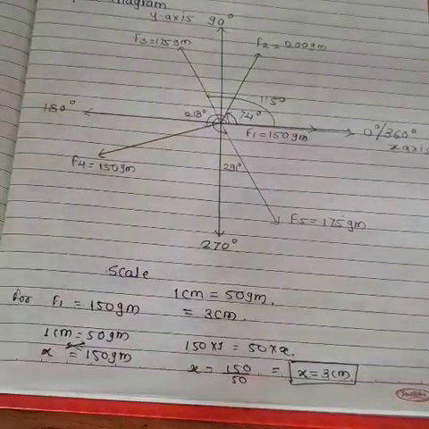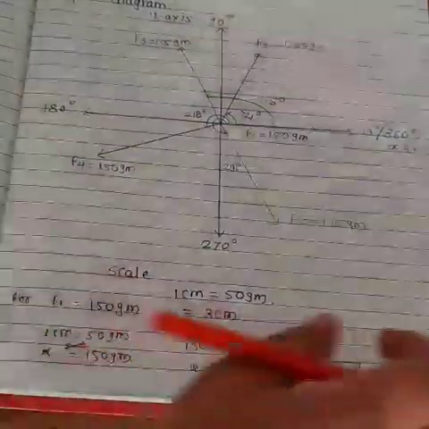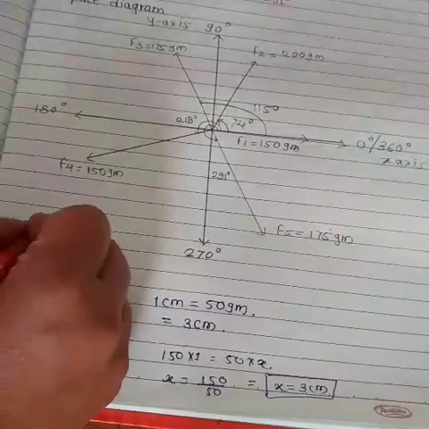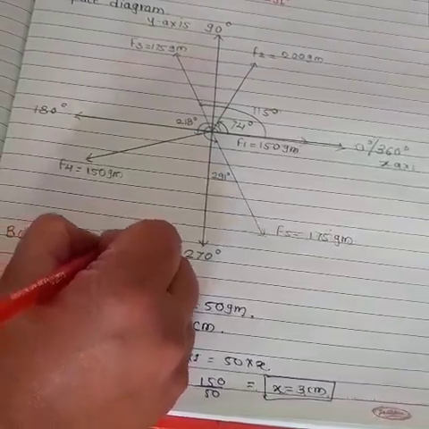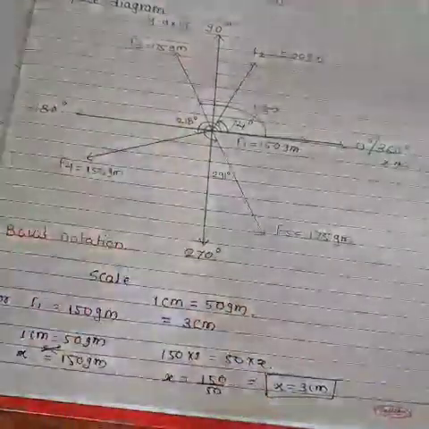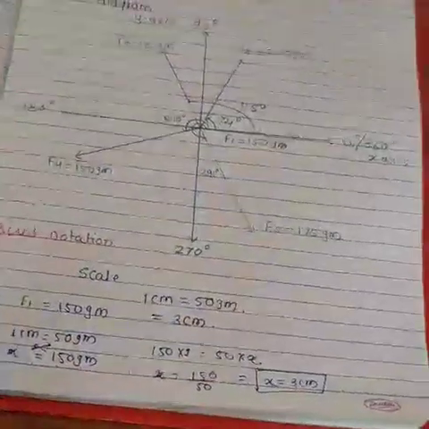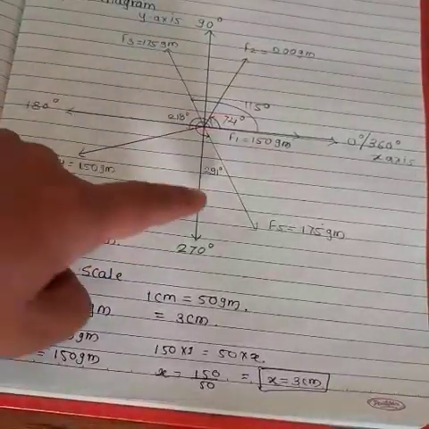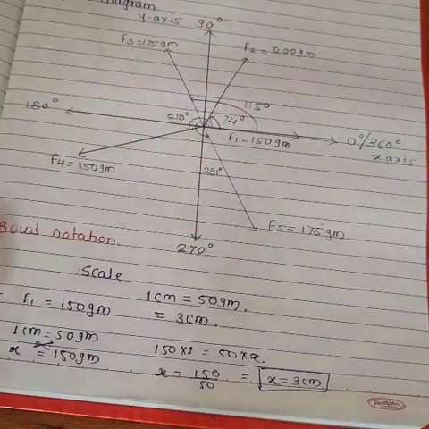Before that, we have to show the Bow's notation. So first, do not forget to show the Bow's notation. What is the meaning of Bow's notation? For drawing a space diagram, we know that all the forces are at some distance from one another.